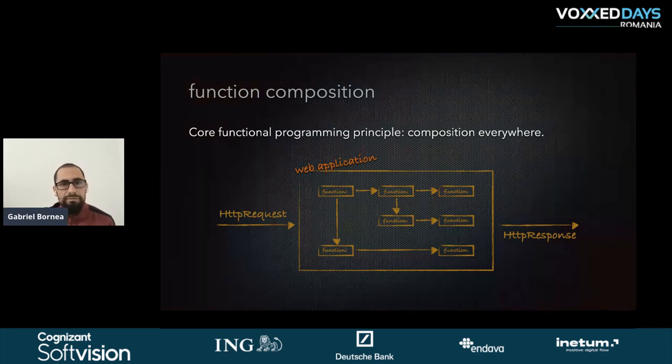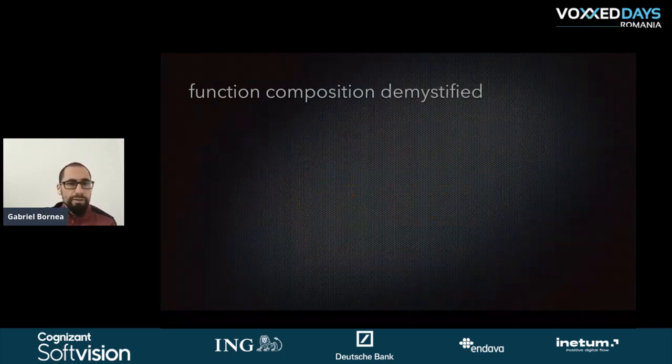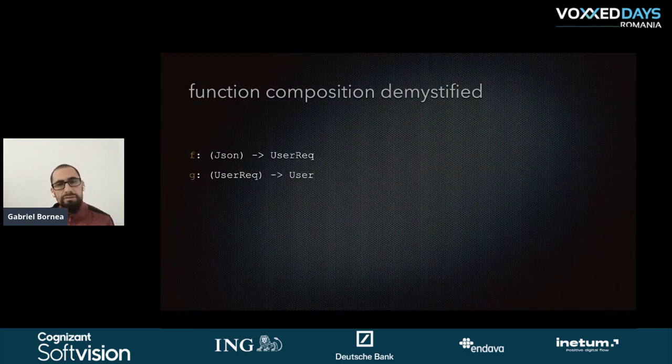Okay, so what's function composition? I'm going to take an example here, and let's assume that we have a function f that goes from a JSON to a data transfer object, and we have another function g that goes from that data transfer object to our domain object.